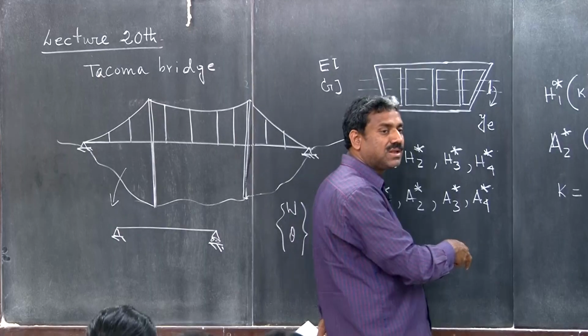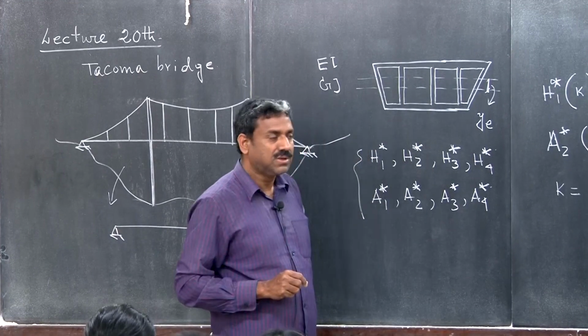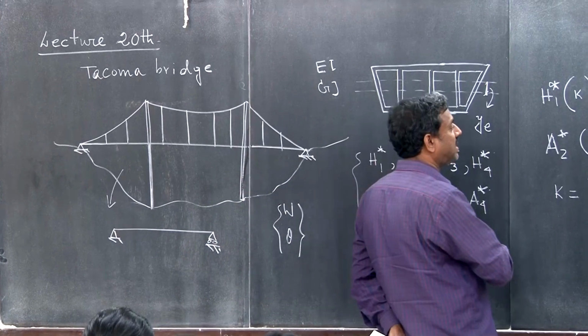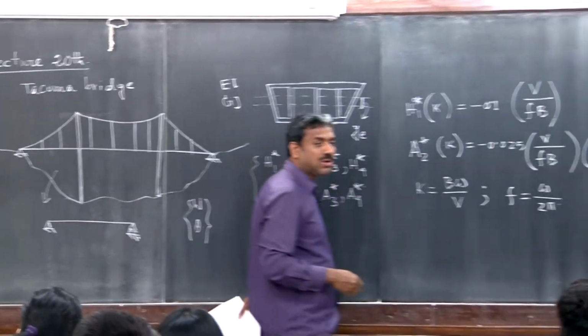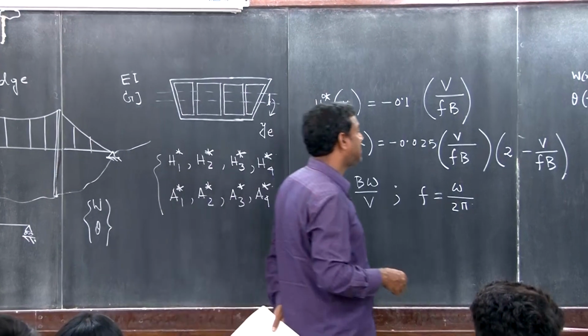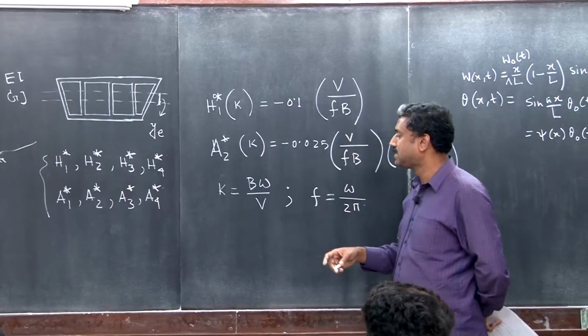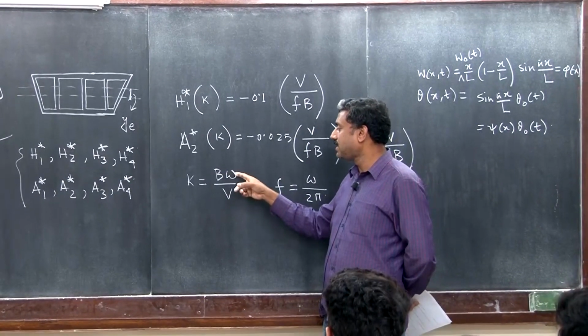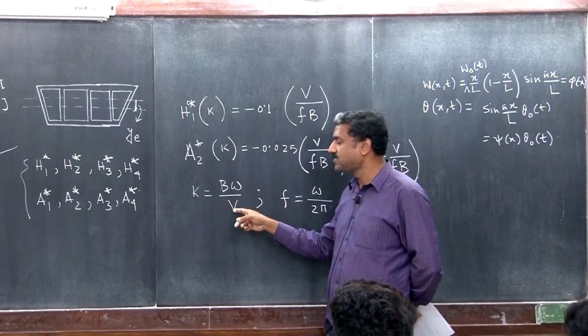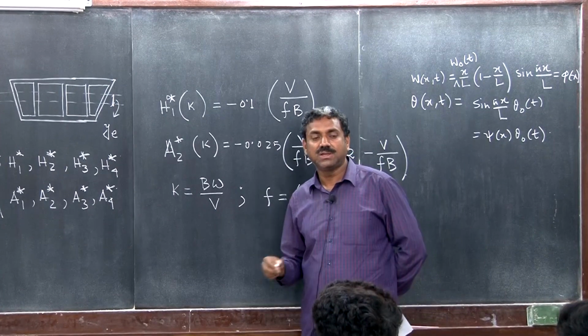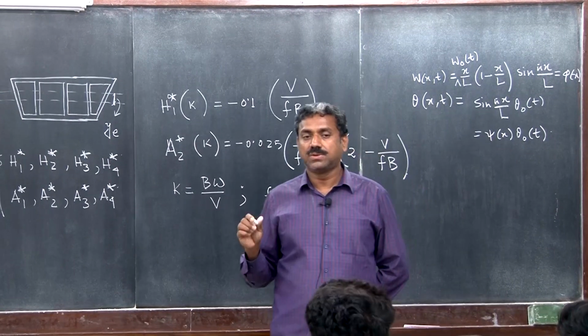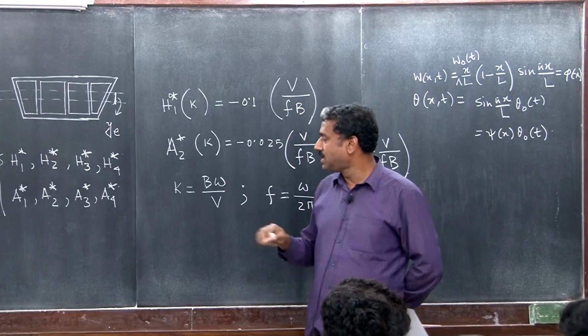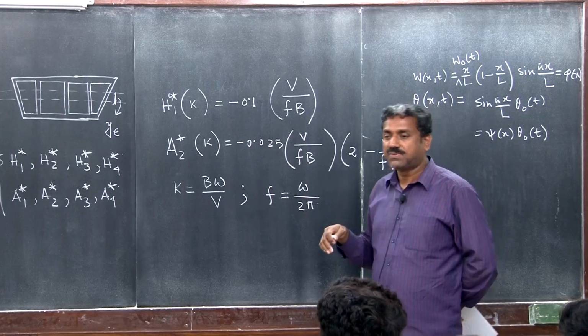I have written down the equation of motion, and you have seen that out of all the flutter derivatives, except these 2, all others vanish. These are expressed as a function of reduced frequency, which involves the width of the deck, the frequency of oscillation, and V, the wind velocity. We have considered the average wind speed; we didn't consider its fluctuating part.